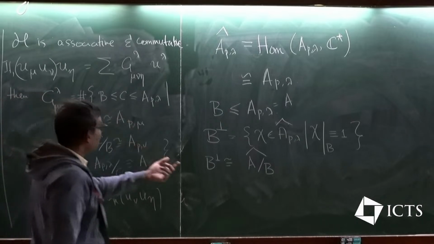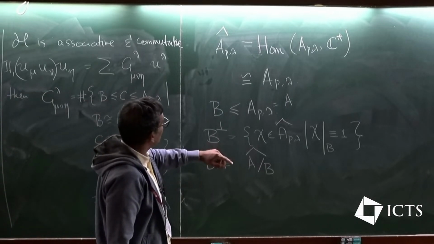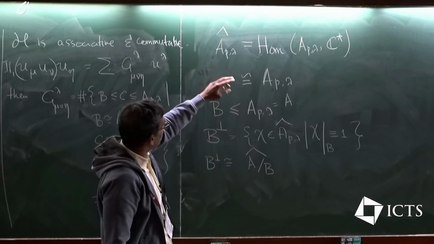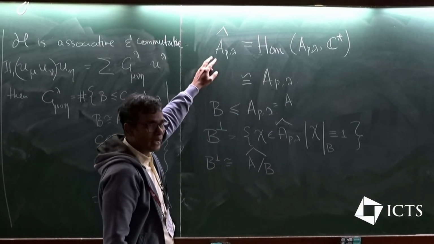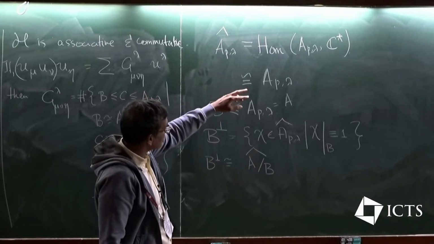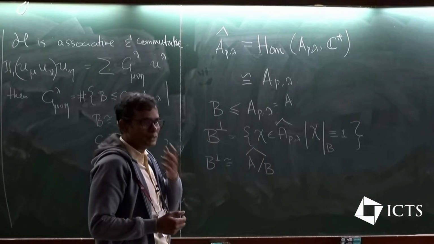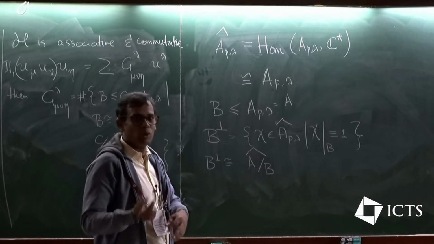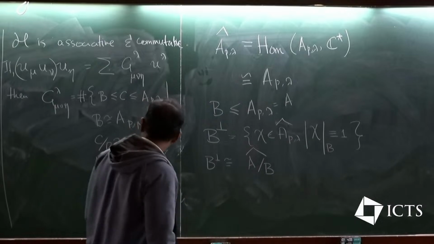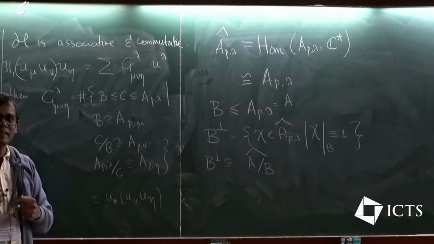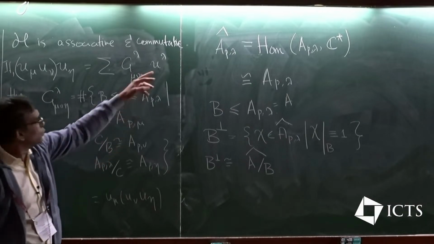So what is this doing? It's giving a correspondence between subgroups of AP lambda and AP lambda hat, where the type of the subgroup is replaced by what I call the co-type of the subgroup, namely the type of the quotient modulo that subgroup. And using that, you can show that H is commutative, because these groups are anyway isomorphic.